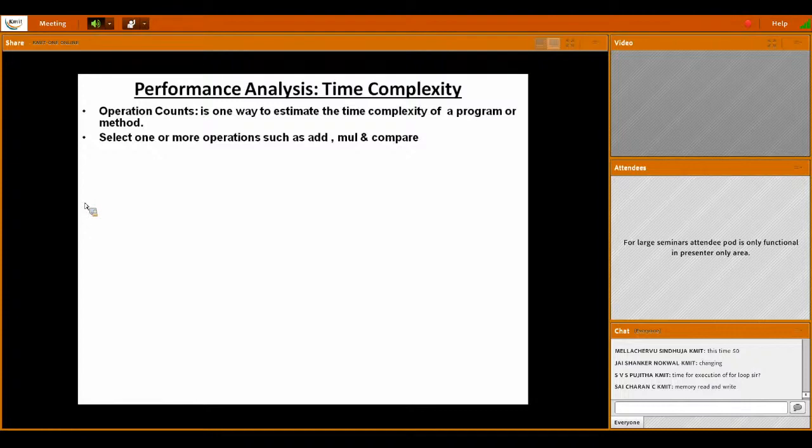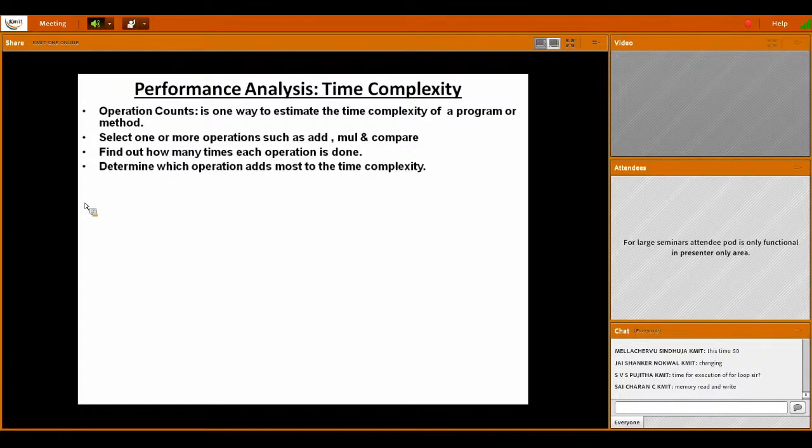Or for making your program more efficient, meaning the program execution time should reduce significantly. That is what time complexity is. So you should be able to identify how many operations there are. Is there an add operation? Is there a multiplication operation? Is there a comparison operation? That is the first thing. Find out how many times each operation is done.